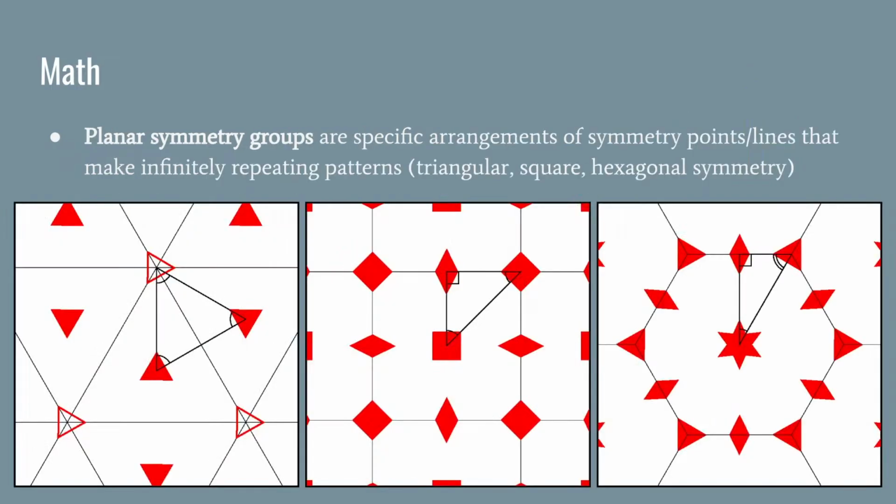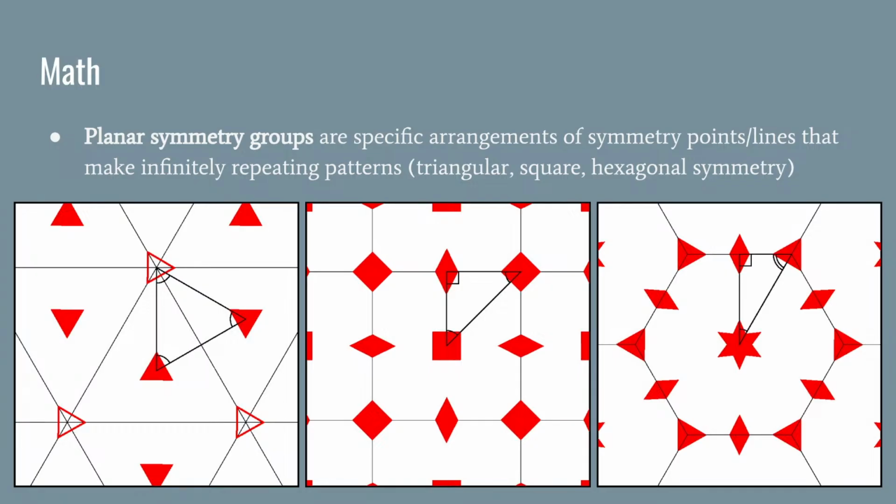And then this is the math part that isn't usually taught in high school. Planar symmetry groups. And these are arrangements of symmetry points or mirror symmetry lines that make infinitely repeating patterns.